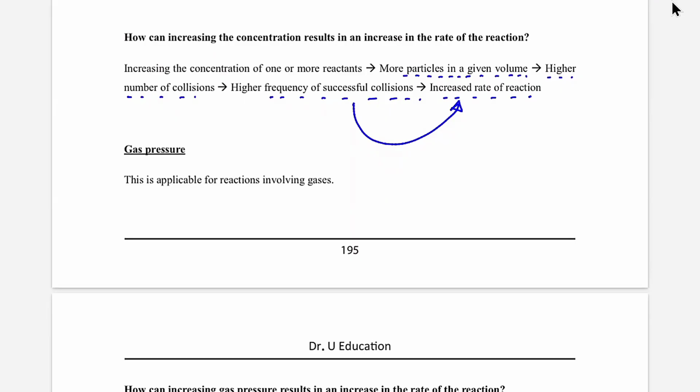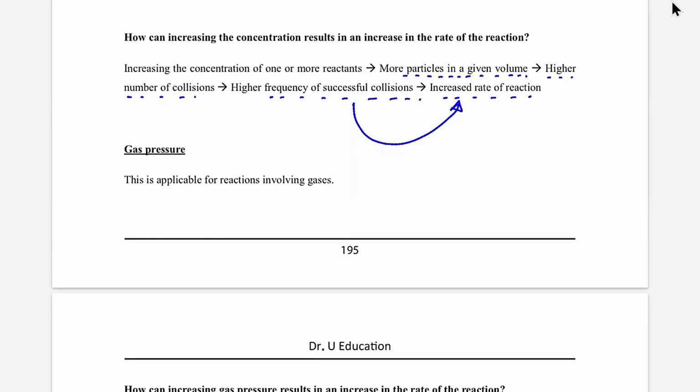Collision means mobility. I don't know what you wrote, but mobility is the ability to move, right?